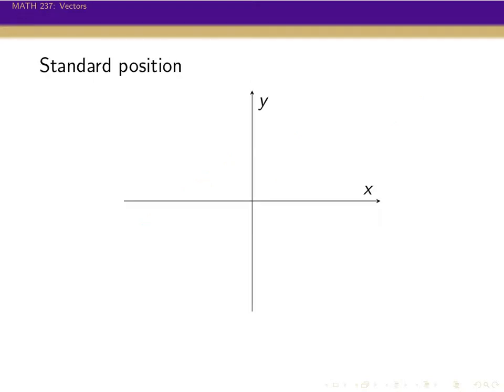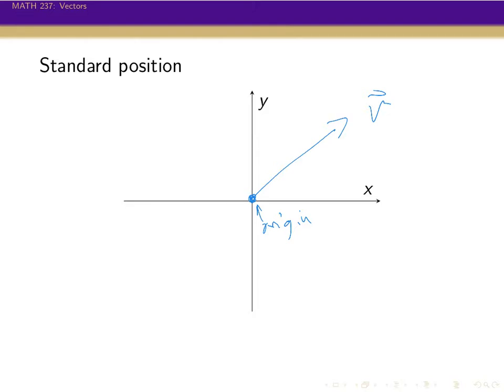So if we can move these around anywhere we want, but we want to have some systematic way to talk about these, what makes sense as a place to put it? Well, we're going to use the origin. If we have a vector v and its initial point is at the origin, then we're going to say that this is in standard position.